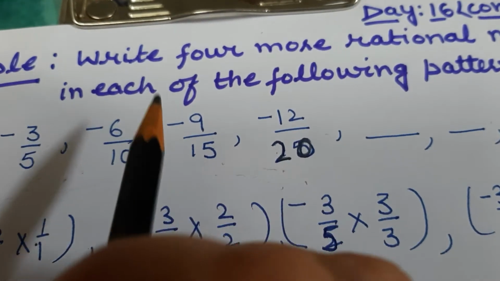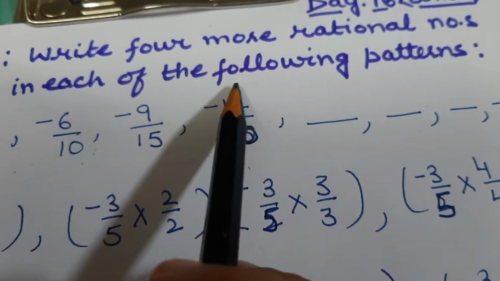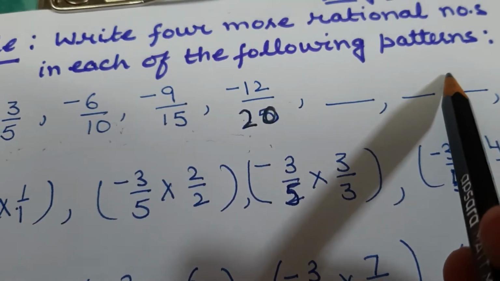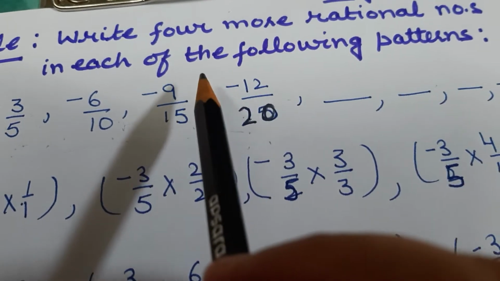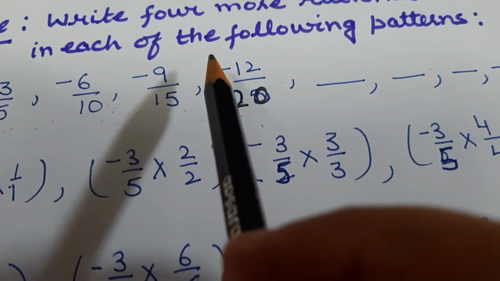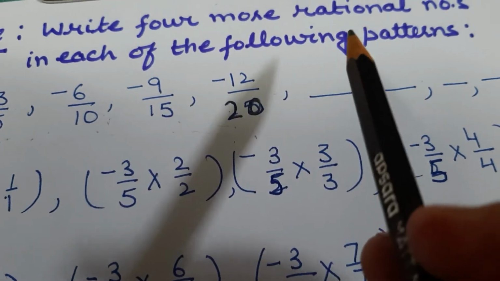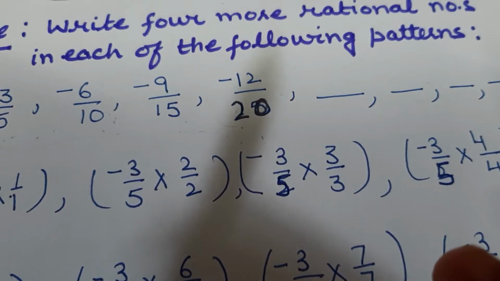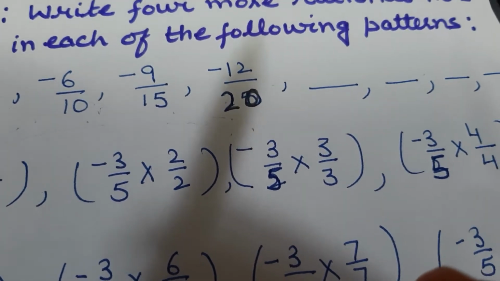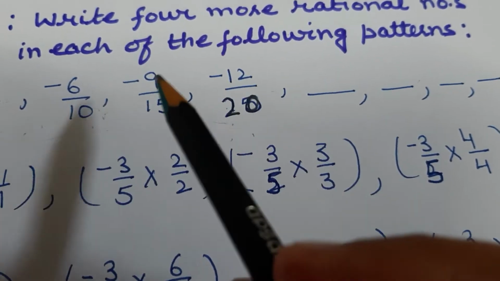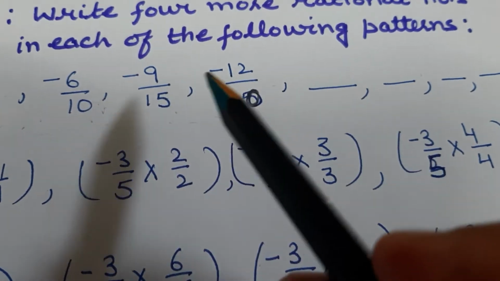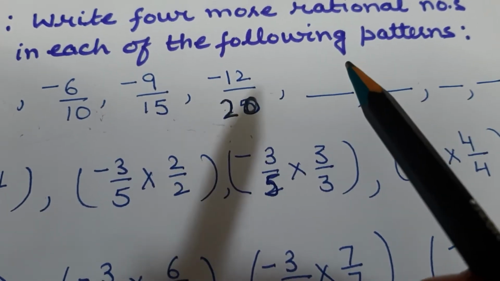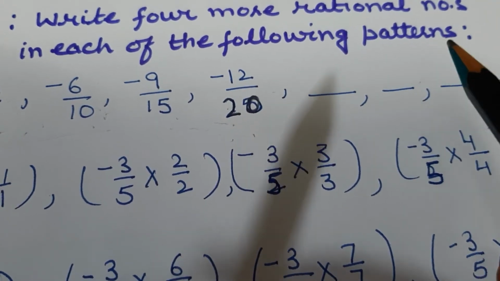The next type I am taking: write 4 rational numbers in each of the following patterns. Students, in integers also you write patterns. For example, if a pattern is given 3, 6, 9 and you have to write the next numbers in the same pattern, you will observe that 3, 6, 9 is the table of 3. So the next numbers will be 12, 15, 18, 21.